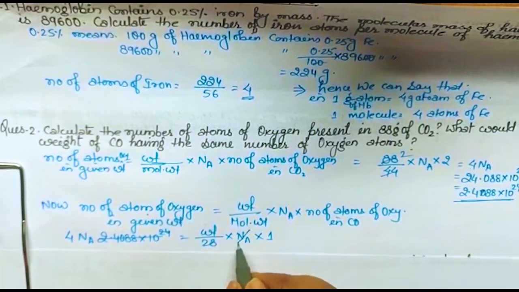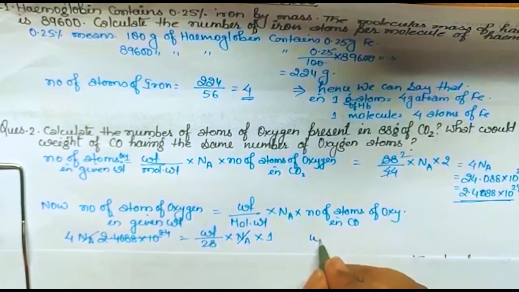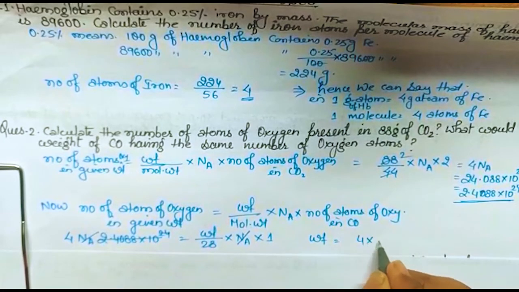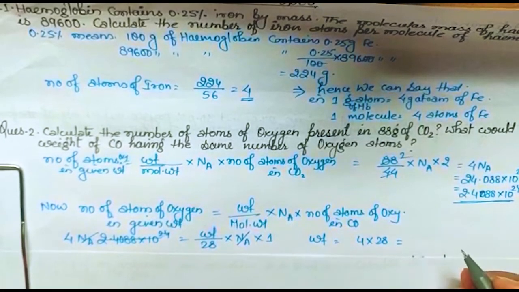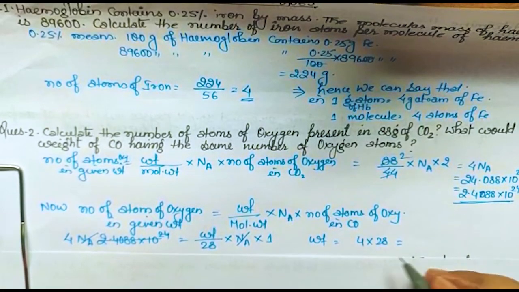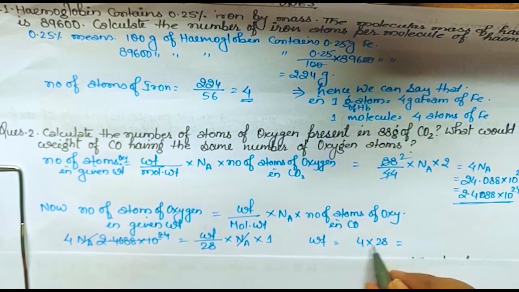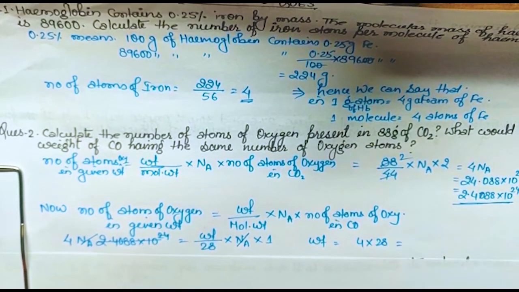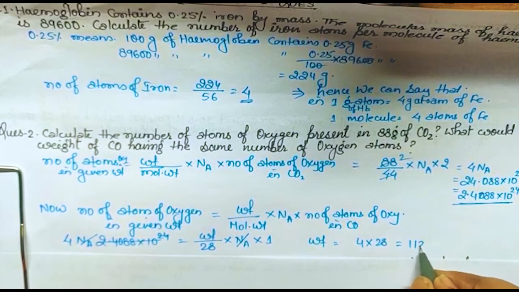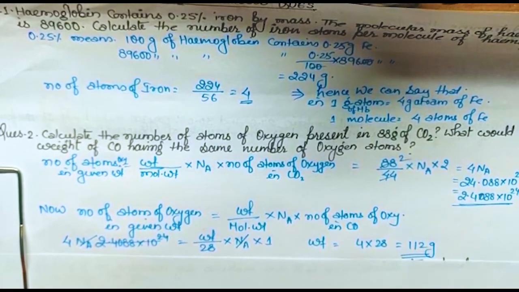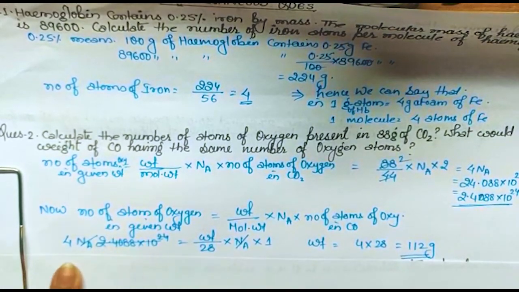So Na cancels with Na, and weight is equal to 4 into 28. 4 8s are 32, and it's 112 gram, isn't it? So we can do this calculation in this way.